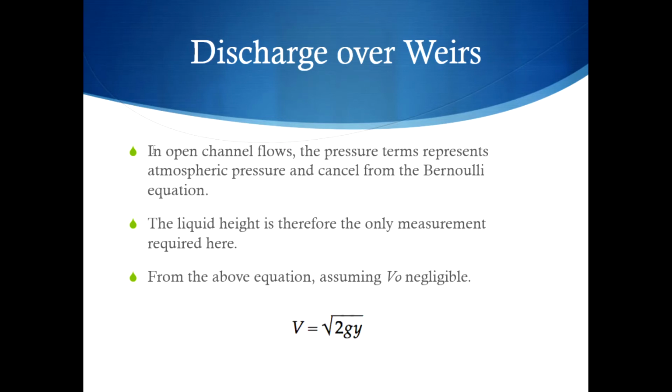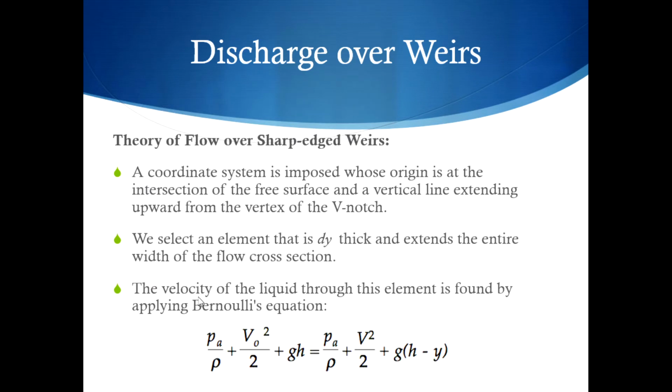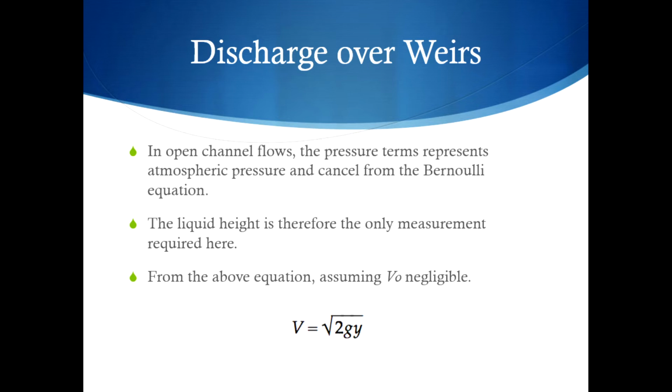In open channel flows, the pressure terms represent atmospheric pressure, since we are working at an atmospheric level, and cancel from Bernoulli's equation. That is to say that these elements of the equation will be zero. Also, the liquid height is the only measurement required here.